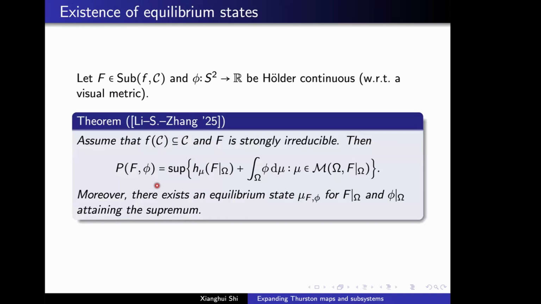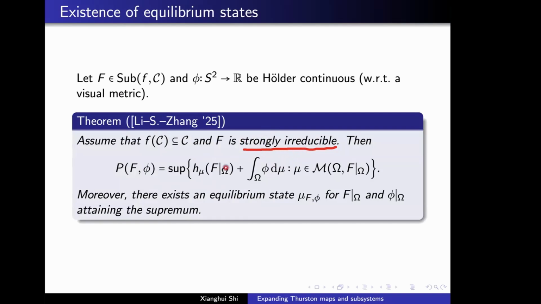We establish the variational principle and show the existence of equivalent states for certain subsystems. That's the so-called strongly irreducible. They have very nice properties. For example, those two examples I showed before are strongly irreducible.